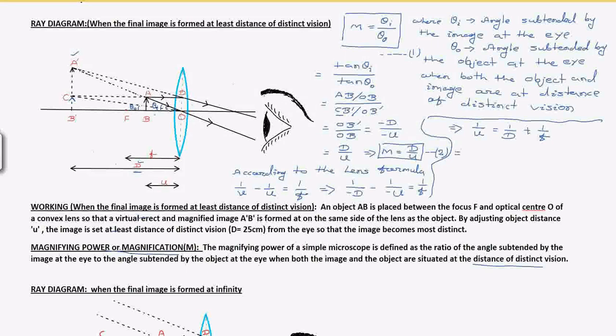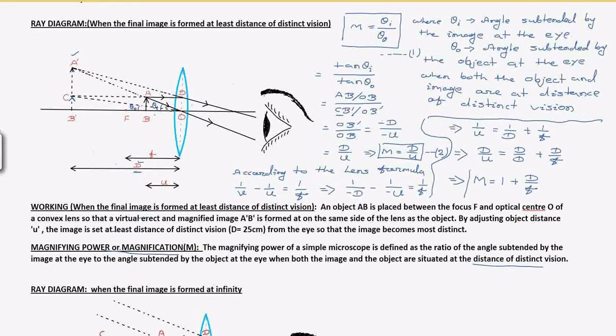Now multiplying both sides by d, we will get d by u is equal to d divided by d plus d divided by f. But according to equation number 2, d by u is the magnification. So m is equal to 1 plus d divided by f.